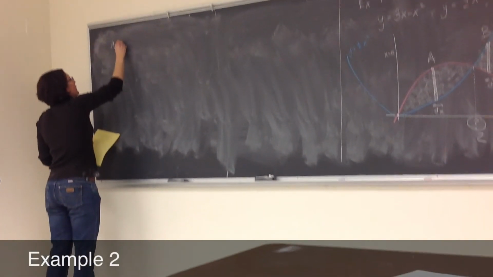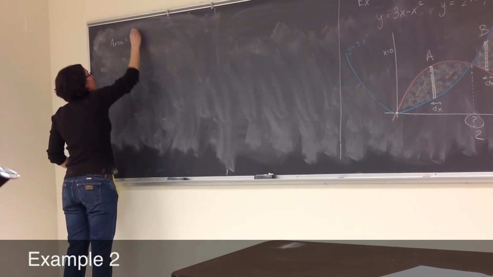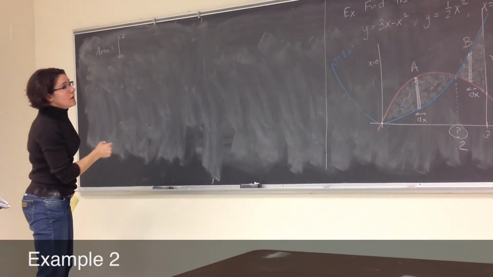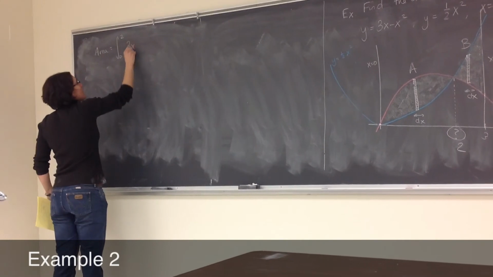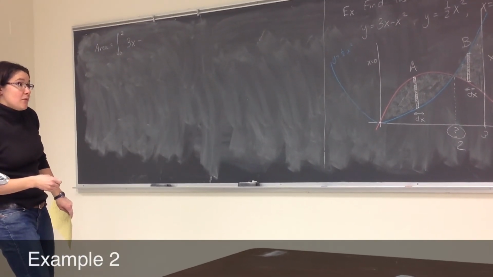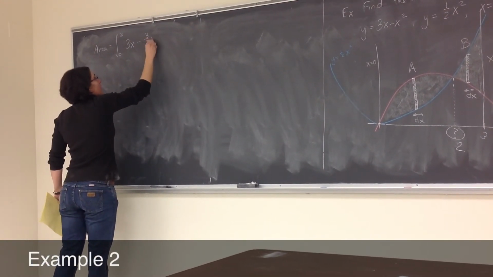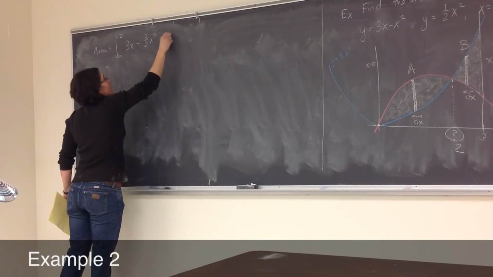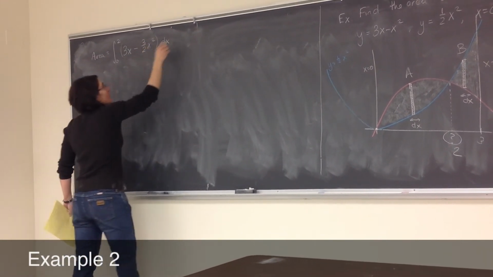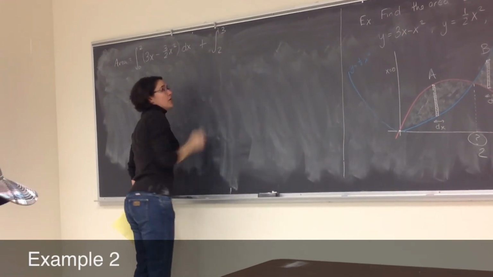So your area will be the integral from 0 to 2 of 3x minus x squared minus 1/2 x squared gives us minus 3/2 x squared dx plus our other integral is from 2 to 3.